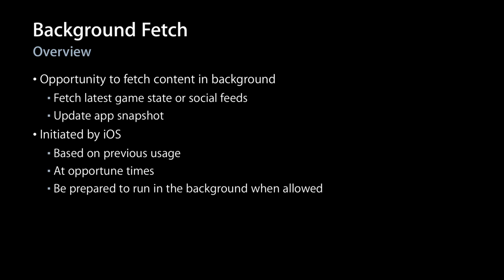Let's say there's a bunch of games that I'll play in the morning before I go to work, and then in the evening after I'm at home. iOS will notice that these apps get launched in the morning and the evening, and after a little while, we'll start seeing that pattern. What iOS will do is launch those games just a little bit before we think the user's going to go into the game. So it gives you an opportunity to get up to date before the user is there, so that when they do launch your app, you have the latest information and you feel like you're always up to date.